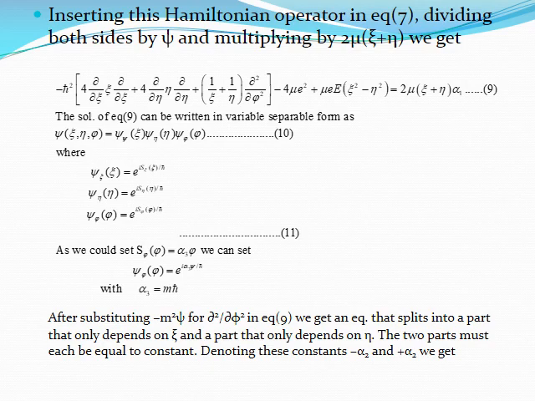The solution of equation 9 can be written in variable separable form as ψ(ξ, η, φ) = ψ(ξ) ψ(η) ψ(φ). Equation 10, where ψ(ξ) is e^(i s ξ/ħ), ψ(η) is e^(i s η/ħ), ψ(φ) is e^(i s φ/ħ).